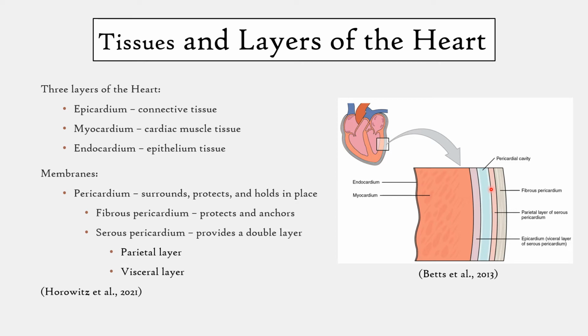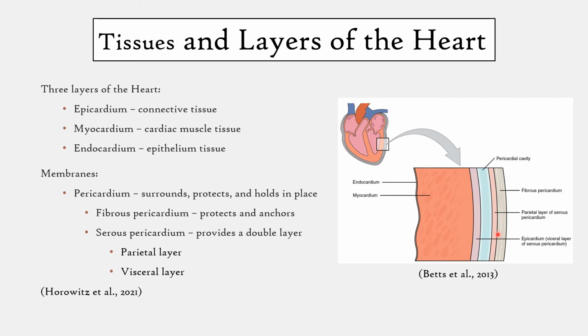So the outer fibrous pericardium is thick, tough, and made from dense connective tissues. This helps in providing the heart with protection and helps holding the heart in place. The inner serous pericardium is thin and forms a double layer.